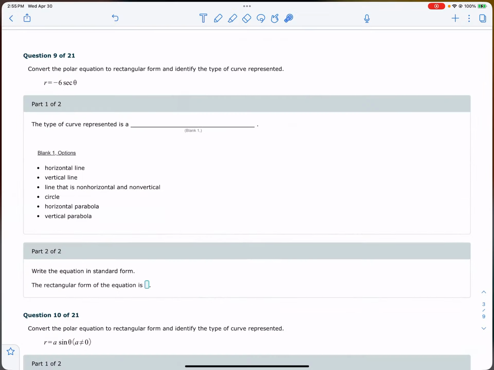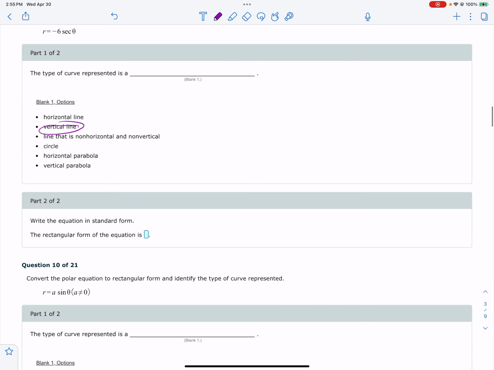And so then when it's wanting you to figure out what that is, to switch that into the other form, r squared equals negative 6 secant theta. So this would be, oh, it's not r squared, it's r.